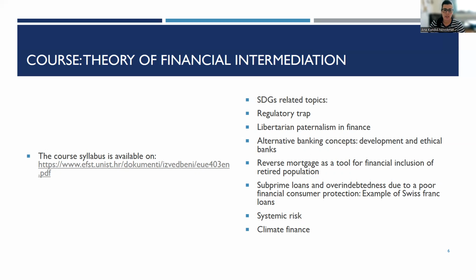From financial innovation, students usually take the seminar in the area of reverse mortgage, which is a way of financial inclusion of the retired population, and climate finance. Considering the financial stability topic, we always talk about some predatory financing. So our example here is the Swiss franc mortgage loans crisis in Croatia.